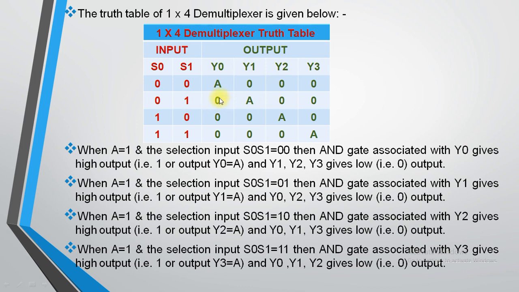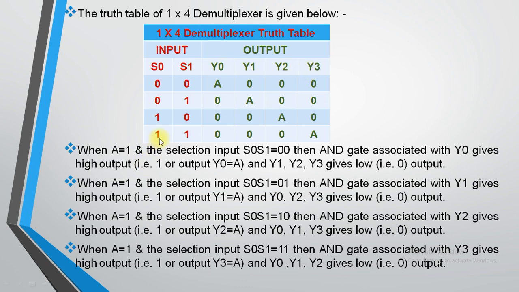Low means 0. The third combination is 1, 0. So for this particular input of the selection lines, the variable Y2 is activated, or it produces high output. So Y0, Y1 and Y3 are deactivated, or low, or 0.